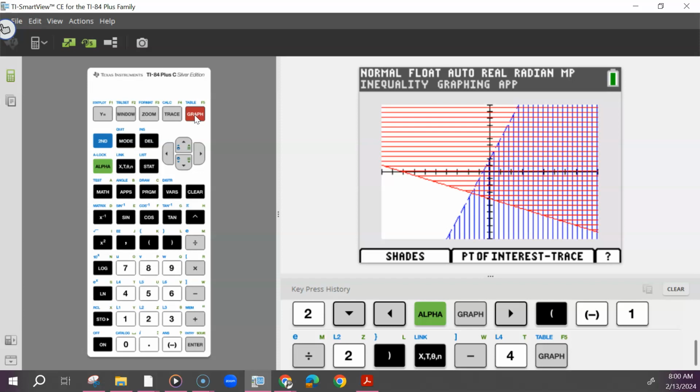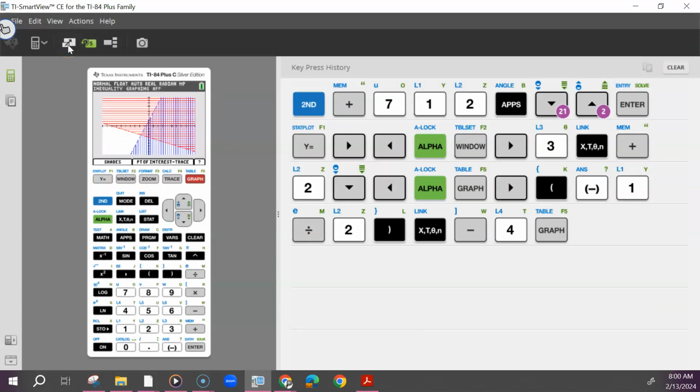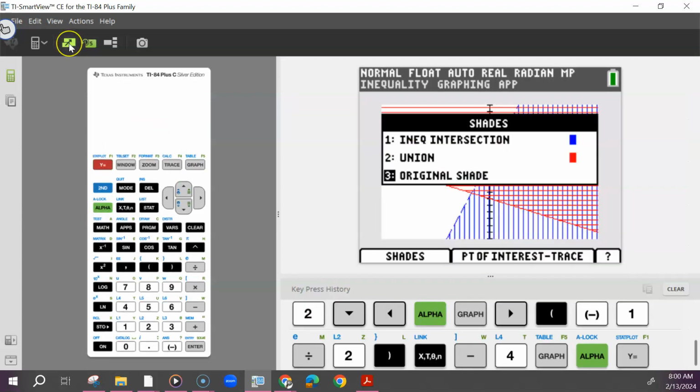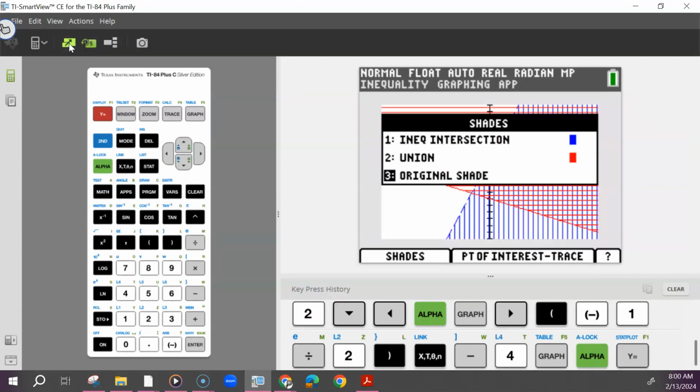Mine will be in color, yours is in black and white, but it should look similar to this. There are different ways to look at this. If you go into shades, so alpha y equals, you have different options. Right now we're on the original shade. It's showing one over top of the other.